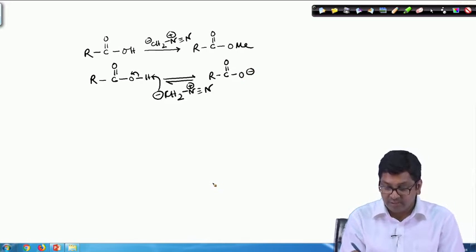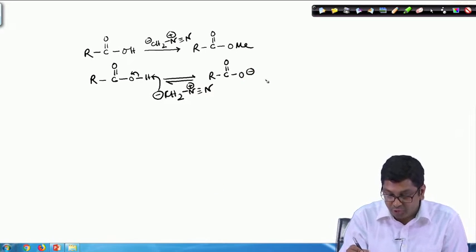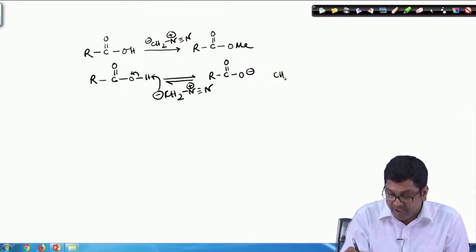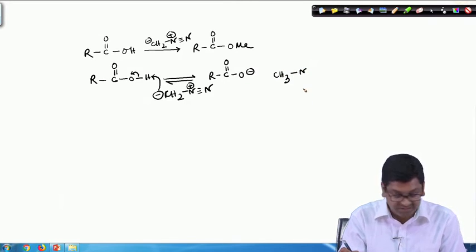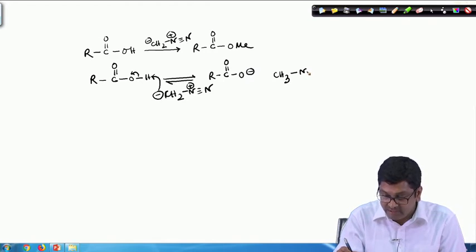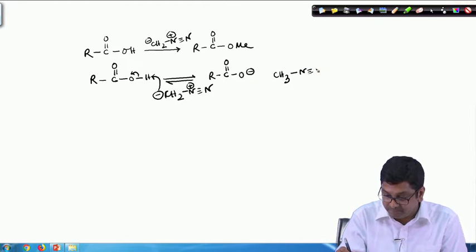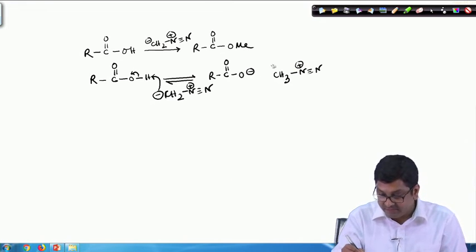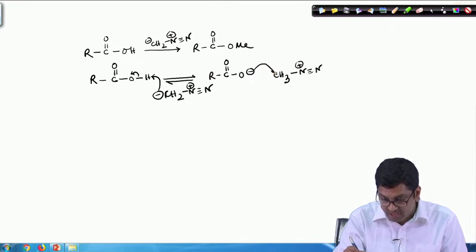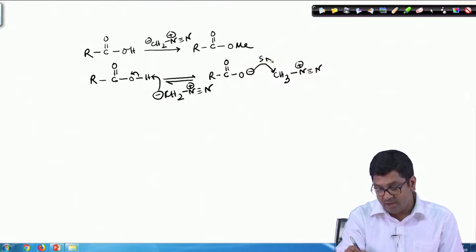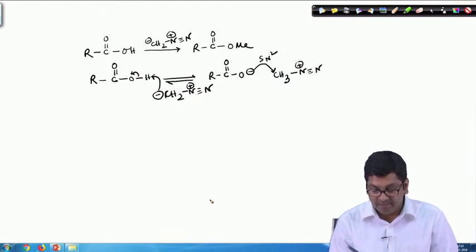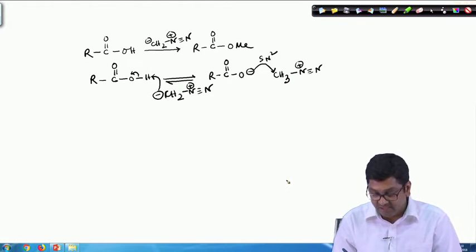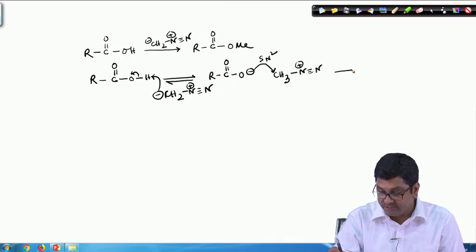Once that is generated, it will react with the extremely unstable diazonium cation, that is CH3N2 plus, and this carboxylate anion can work in SN2 mode and give this substitution reaction to give this methyl ester.